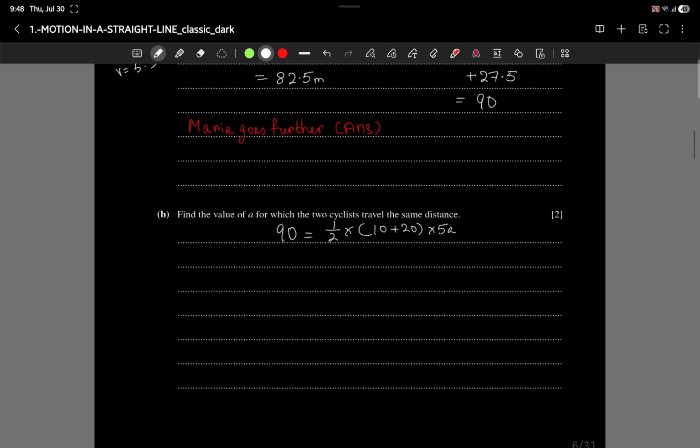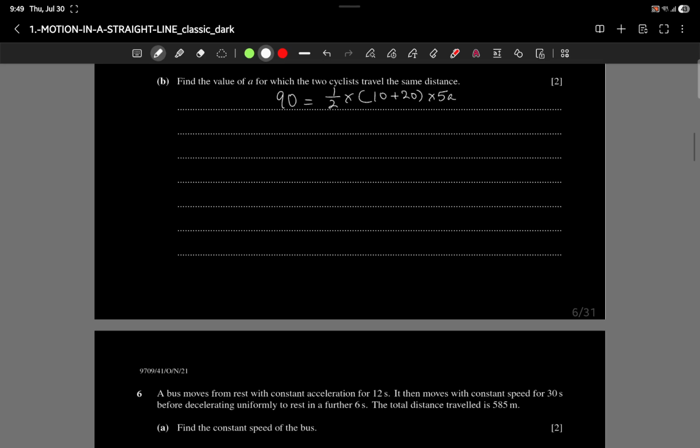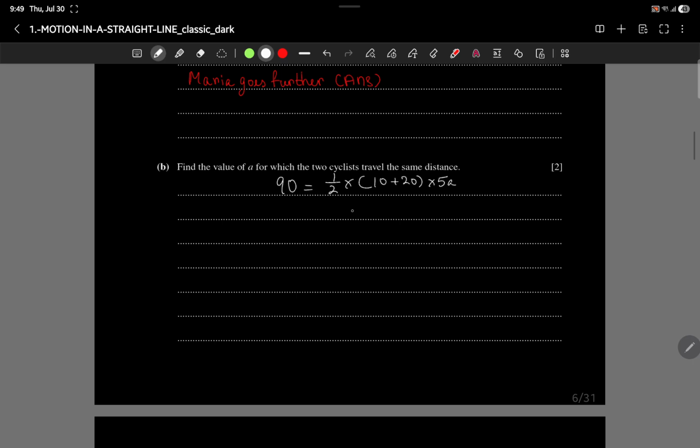Right. So now I just have to solve for A, and so if we solve for A, we get A equals to 1.2, which is the answer. Nice. Now moving on to the next question.